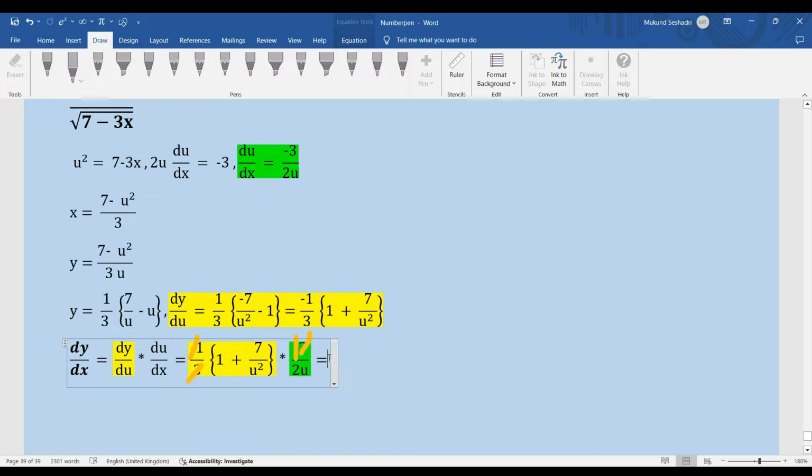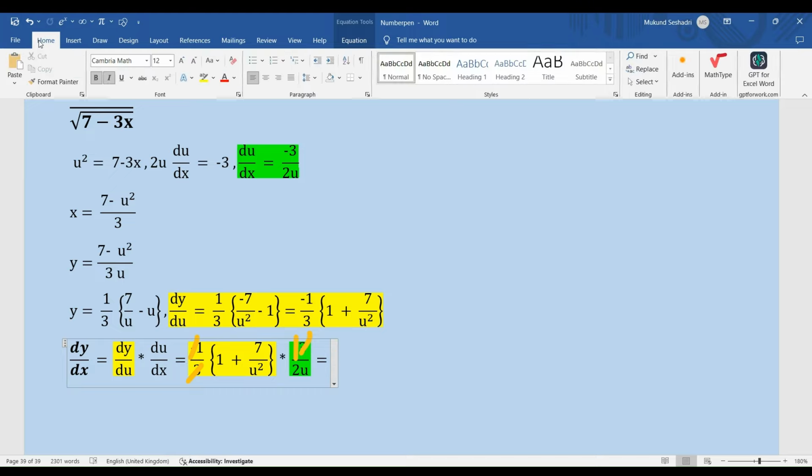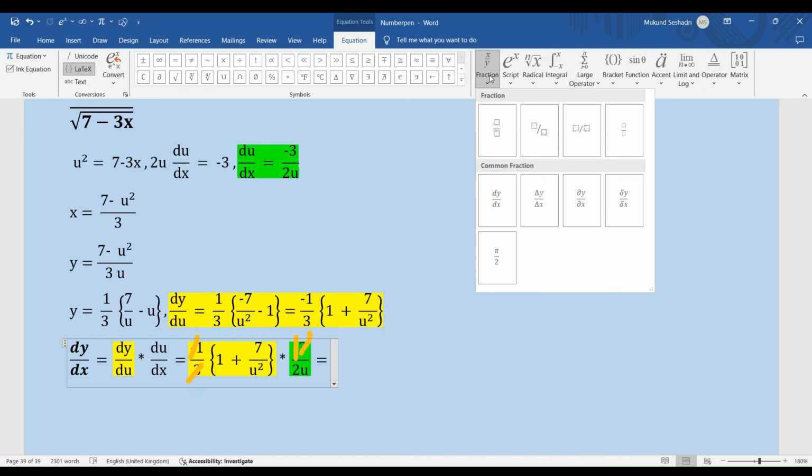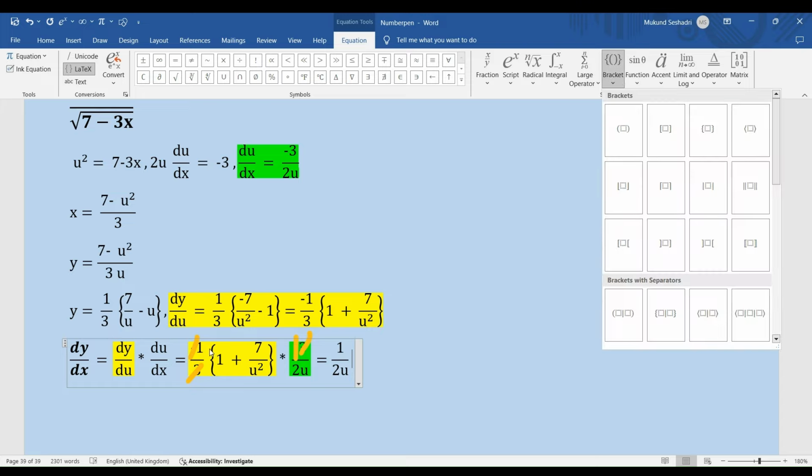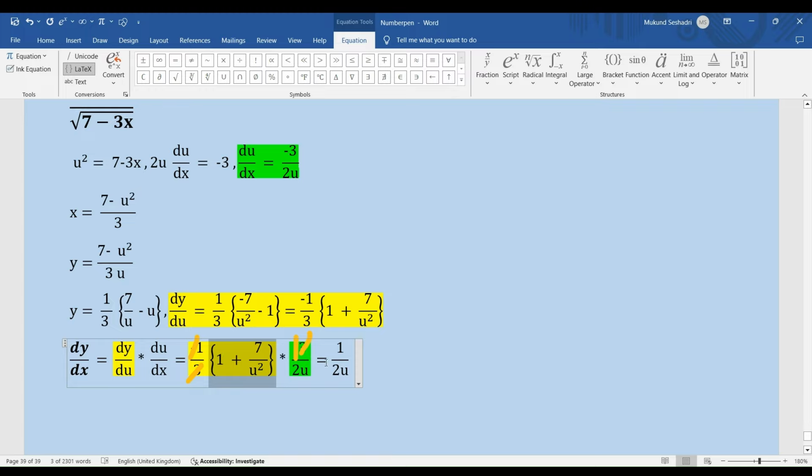And then I have a 1 divided by 2u into 1 plus 7 by u square. So let's copy it as it is, right? So this is what I have.